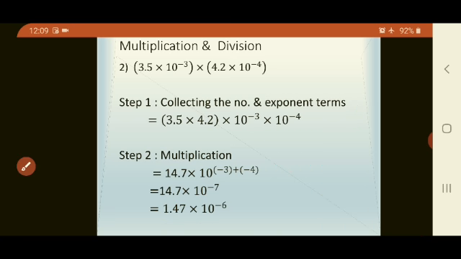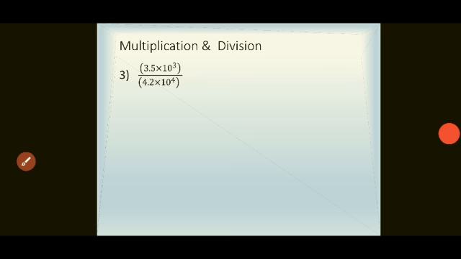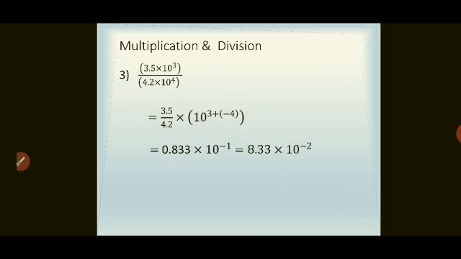Next, the last example, 3.5 into 10 to the power 3 divided by 4.2 into 10 to the power 4. Now again in division the same rule is applied like multiplication. 3.5 divided by 4.2, coefficient terms are taken together.